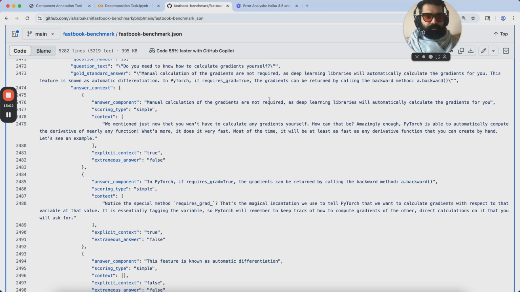So this one, manual calculation of gradients are not required, as deep learning libraries will automatically calculate the gradient for you. We mentioned just now that you won't have to calculate your gradients yourself, so that's corresponding to that first one. PyTorch will automatically.